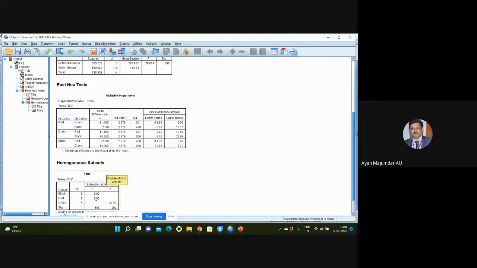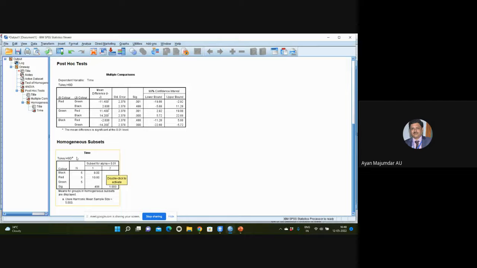Moreover, from this homogeneous subset, you will see that black and red have been grouped under one head, while green has been taken as a separate head. So our null hypothesis that the red, green, and black doors have no impact is not true. We have rejected that. So the testing of hypothesis is over. The null hypothesis is rejected.